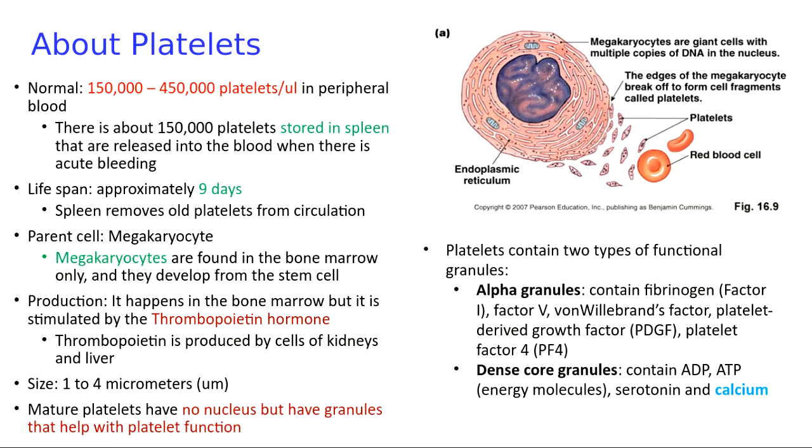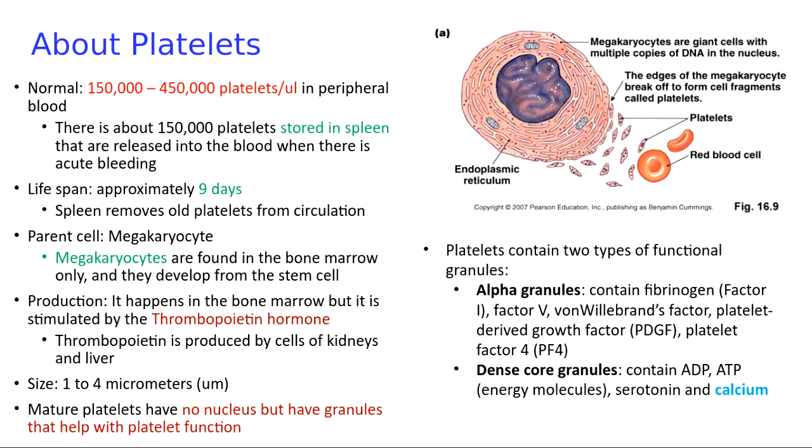And as the cytoplasm of the megakaryocyte fragments, those fragments of cytoplasm become the platelets. You have a little picture in the column on the right side: the megakaryocyte, a huge cell, is the biggest cell in the marrow. It has a lot of cytoplasm, and that cytoplasm will become individual platelets.